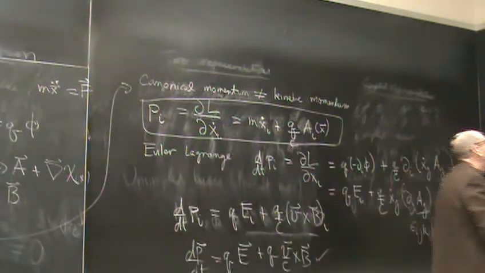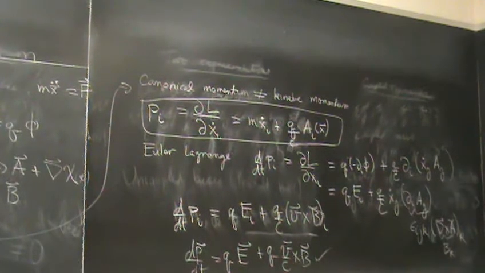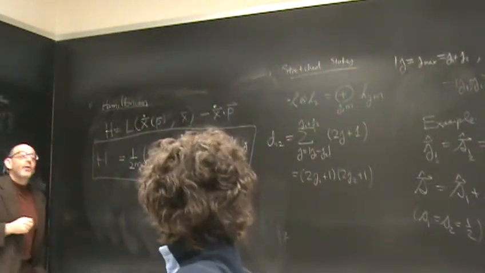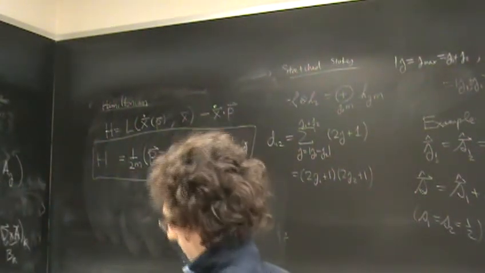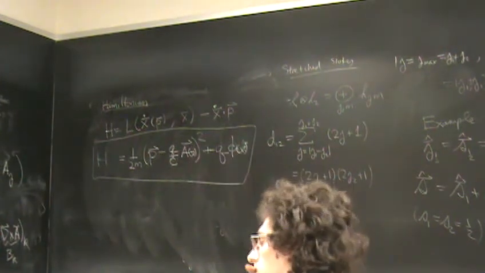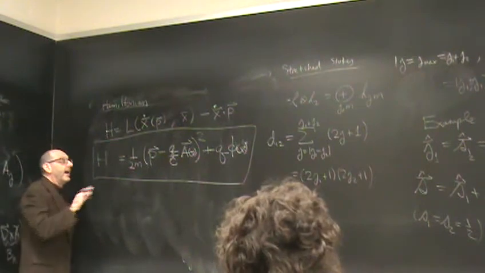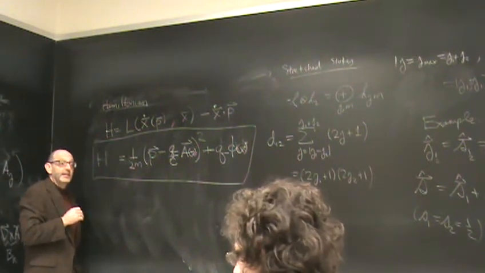All right, so given this, this is now a function of position, we can write down the quantum Hamiltonian for a charged particle moving in a quasi-static electromagnetic field.